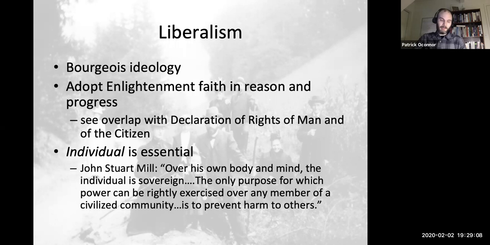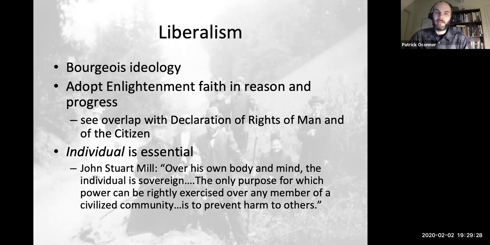Second, liberalism took its cues from the Enlightenment, where conservatives saw the Enlightenment as a great evil, as a corruption. Liberals promoted its emphasis on reason, its emphasis on progress. They believed in these things.